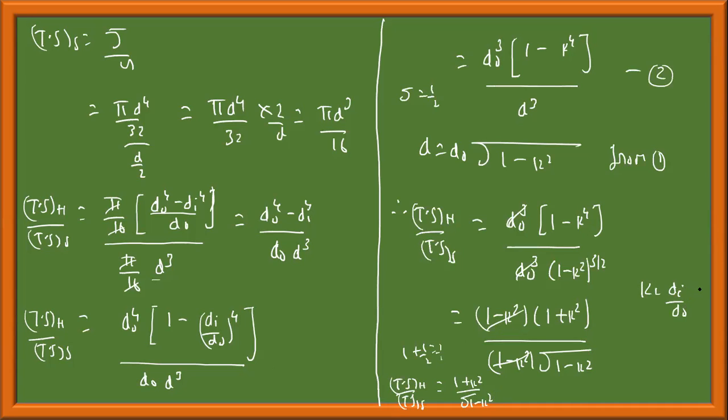The inner diameter will always be less than the outer diameter. For example, let us take the inner diameter as 90 mm and the outer diameter as 100 mm. Therefore, k will be equal to 0.9. Substitute 0.9: 1 plus 0.9 square by root of (1 minus 0.9 square).